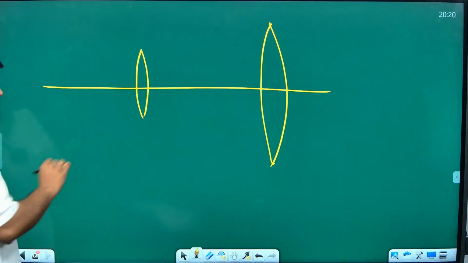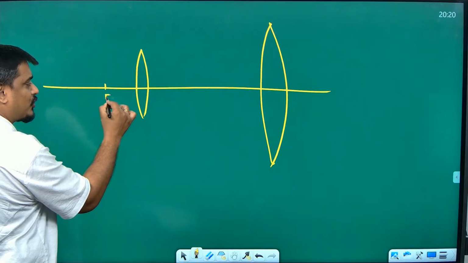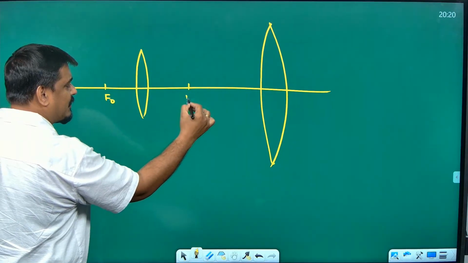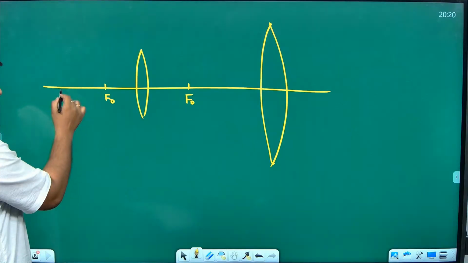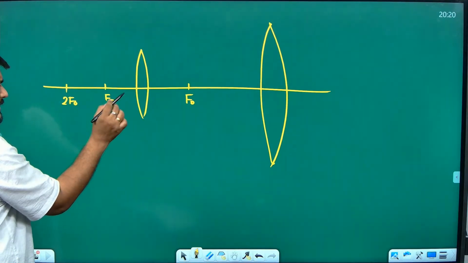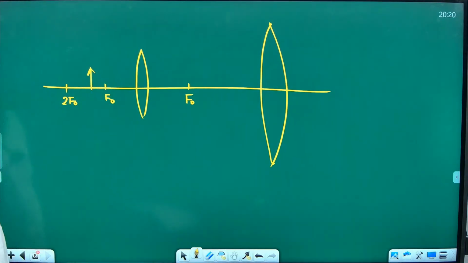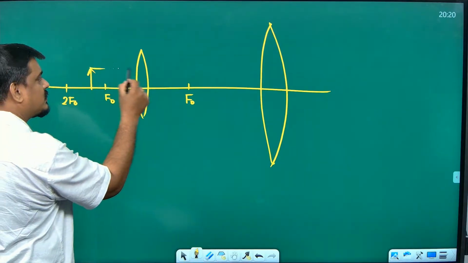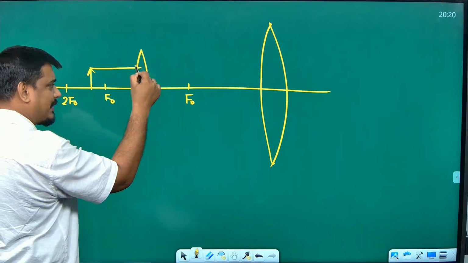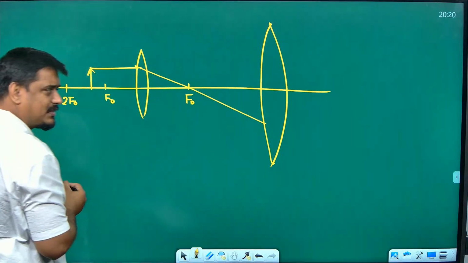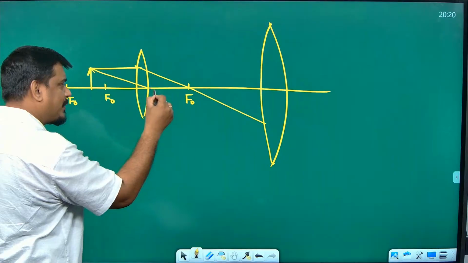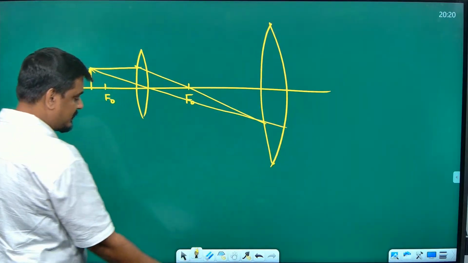Okay. So this was the first focus of objective. This is the second focus of objective. Here somewhere is the focus of the eyepiece, no need of writing that side. I am going to keep the object somewhere here between F and 2F of the objective. First ray goes parallel to the principal axis, passes through focus. Second ray goes through the optical center and touches here.